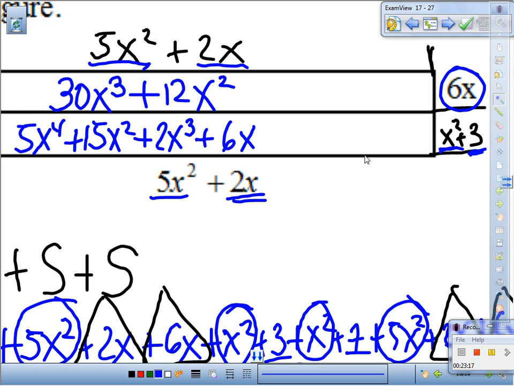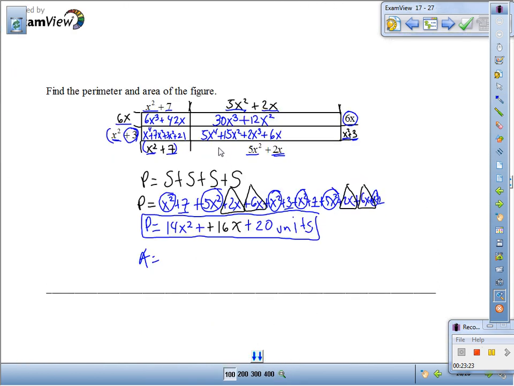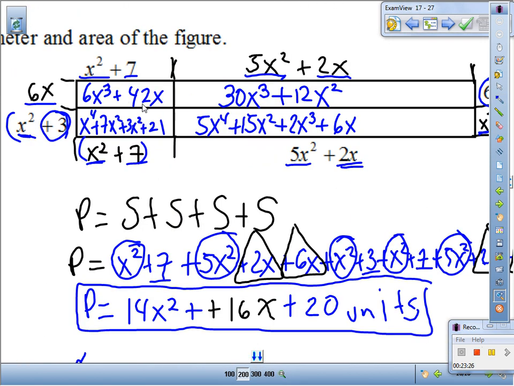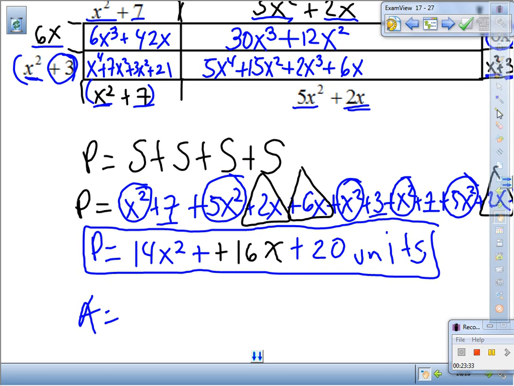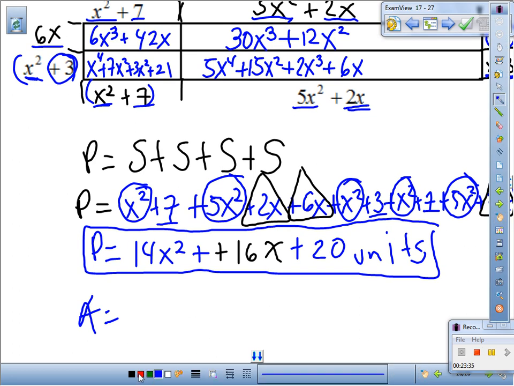Now that we have all the areas, what do we do? Add them all. Now that we have all this, we're going to combine everything. All right, so here we go. I'm going to start with the highest degree. Which is the highest degree? The 4th. Here's 1. We have another right here.